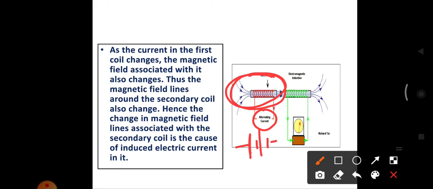The magnetic field lines around the secondary coil also change. Hence the change in the magnetic field associated with the secondary coil is the cause of the induced electric current.